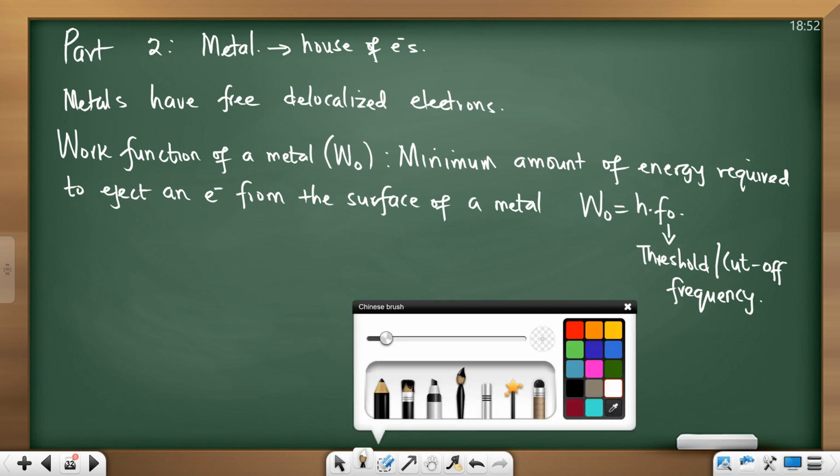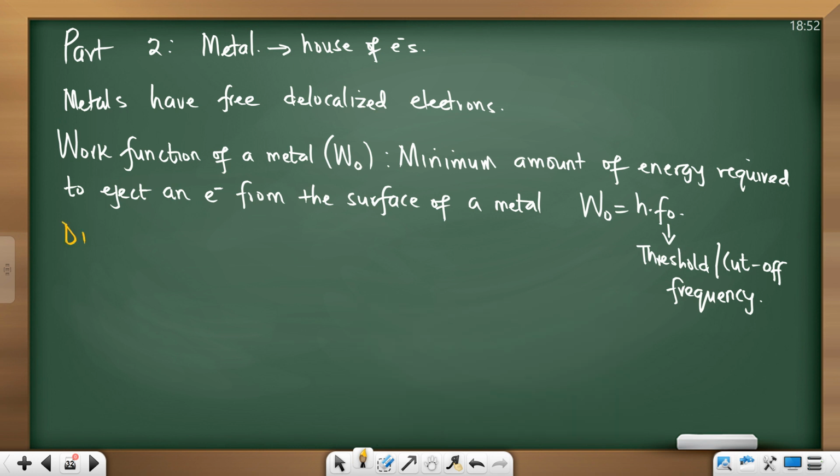Before I define, let me write it in yellow. Different metals have different work functions because of different ionization energy.